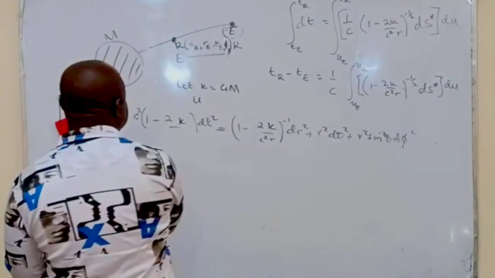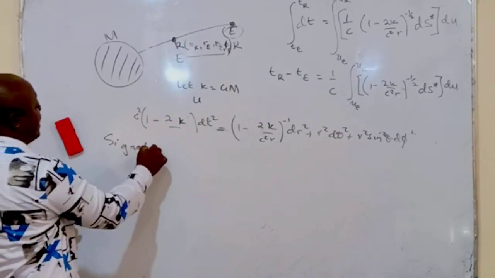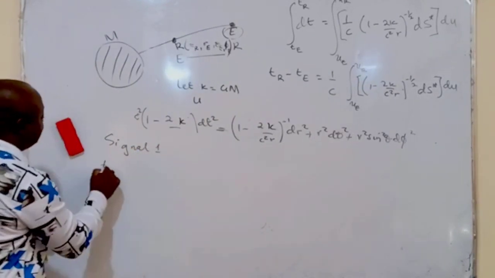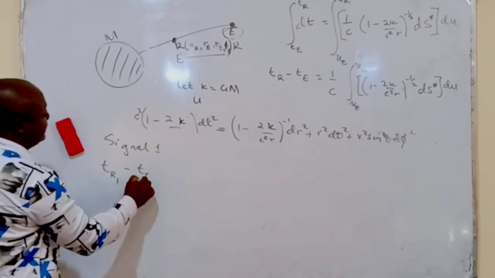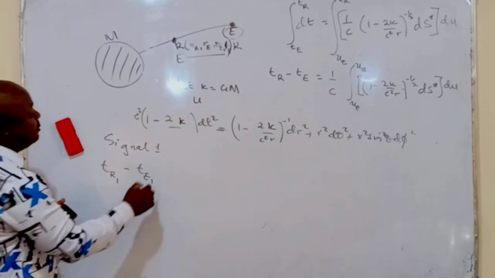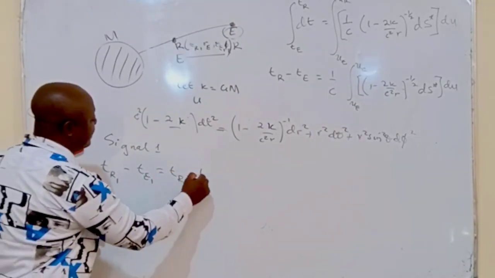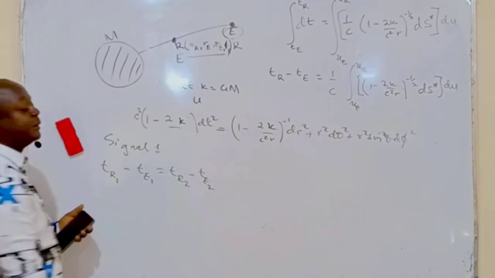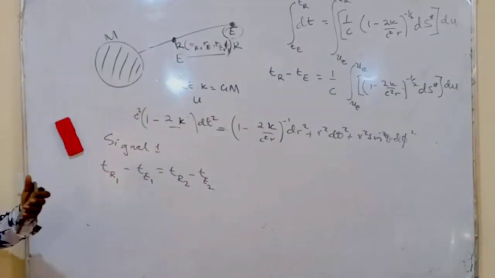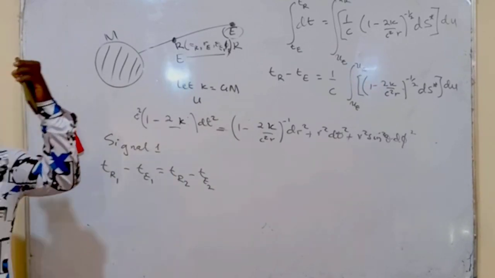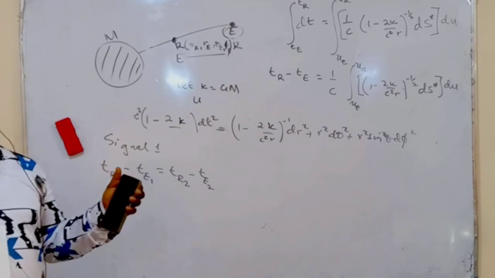So if I have my signal 1, then my TR1 minus TE1 will be the same as my TR2 minus TE2 for the second signal. Okay? The time interval that it takes for the signal to move from emitter to receiver will be the same for the two, because they have the same properties.